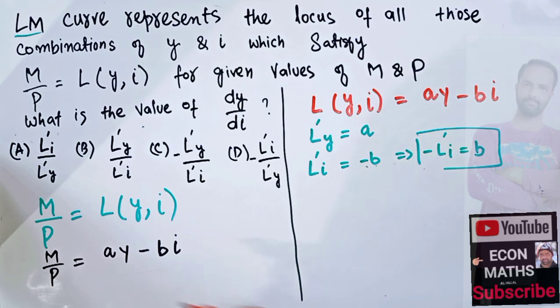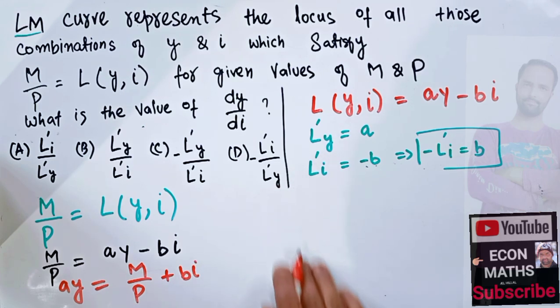Now if I solve this equation for Y, what will I get? AY will be equal to M upon P, and transposing, it will become plus BI.